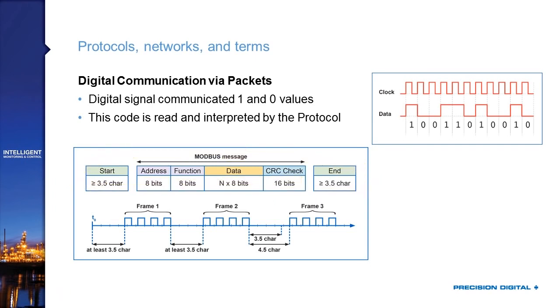So a device is going to read those incoming ones and zeros, and it's going to say, okay, well, I've got some start characters here, then I've got a Modbus address, some kind of function code, a bunch of data, and we'll get into what those mean in a minute. For now, it's enough to know that the ones and zeros are detected, they get strung together, and that gives the commands back and forth between the different Modbus devices.